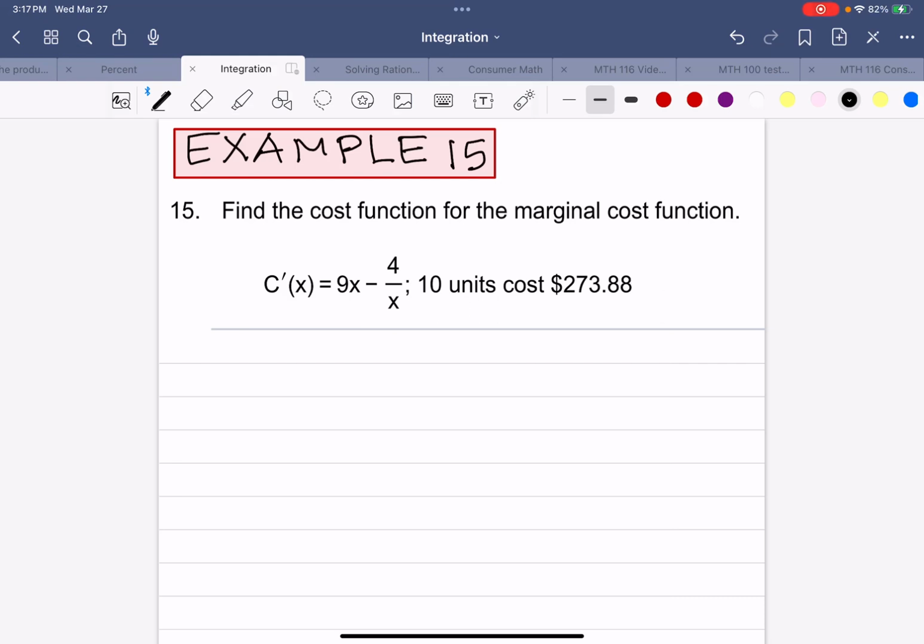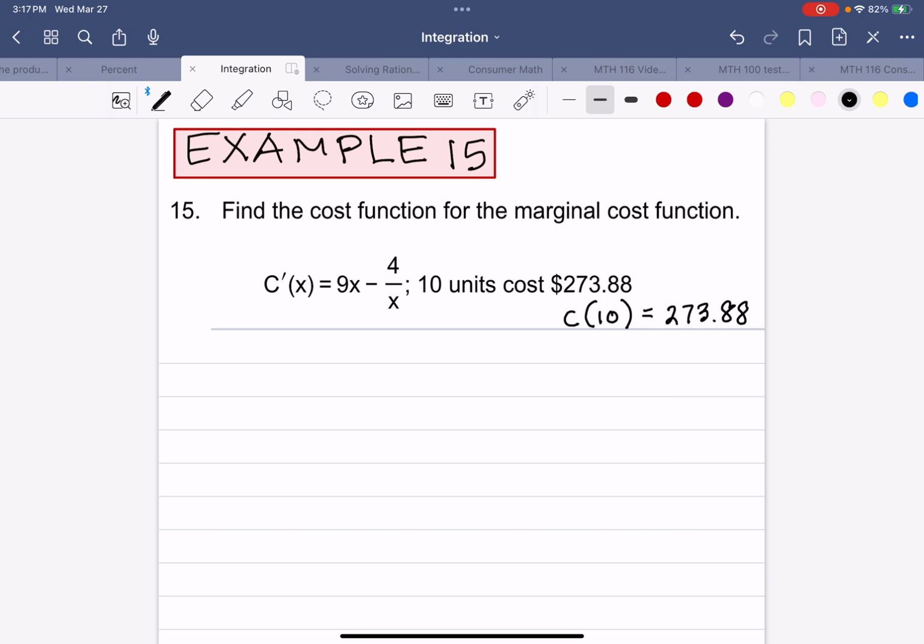Example 15. Find the cost function for the marginal cost function, C prime of x, equals 9x minus 4 over x, where 10 units cost $273.88. So first, let's recognize that they're telling us that the cost evaluated at 10 equals $273.88.